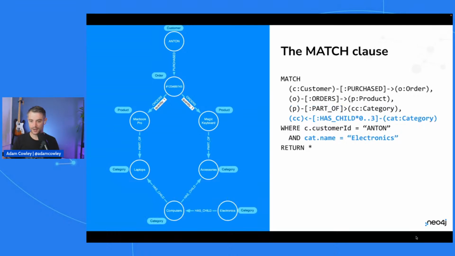And this is a nice feature of Cypher: we can say follow a relationship type in a certain direction for a predefined number of relationships until we find the node that we're looking for. In this case, it will start at the category node, and then follow the has child relationships in an incoming direction this time, until it ends up at a category with a name of electronics.